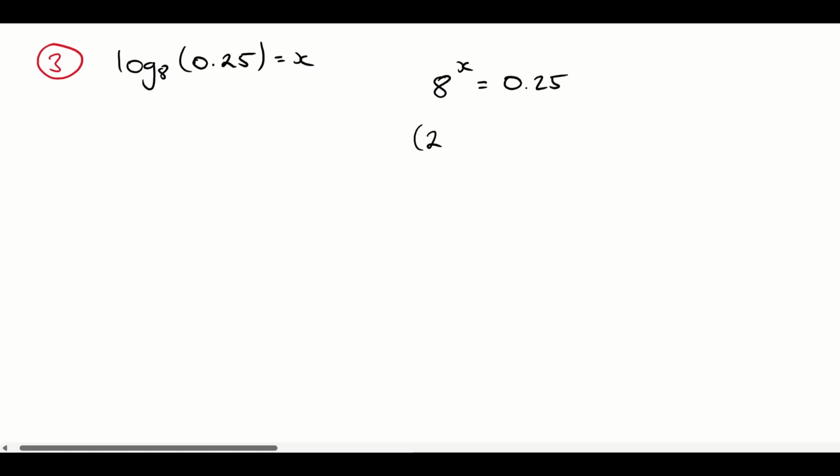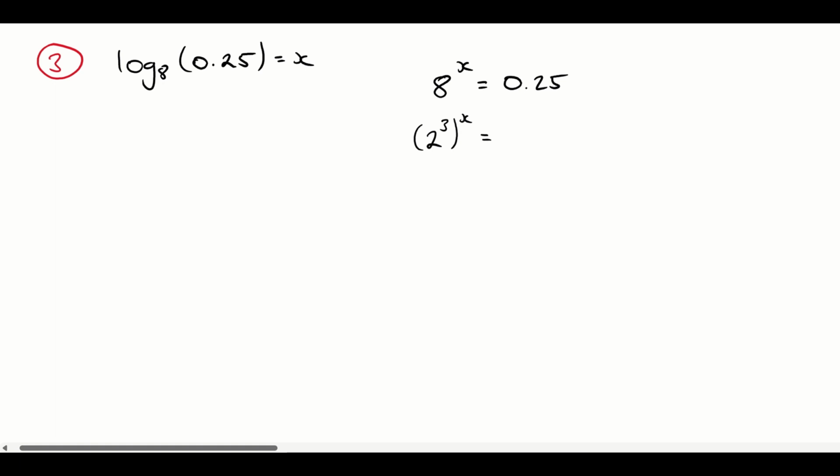We'll do another one. So thirdly, let's work out what log to the base 8 of 0.25 is. So solve for x here. Well, again, I'll convert it back to my indice form. So 8 to the power of x needs to be 0.25. Okay, well, I can write 8 as 2 to the power of 3.